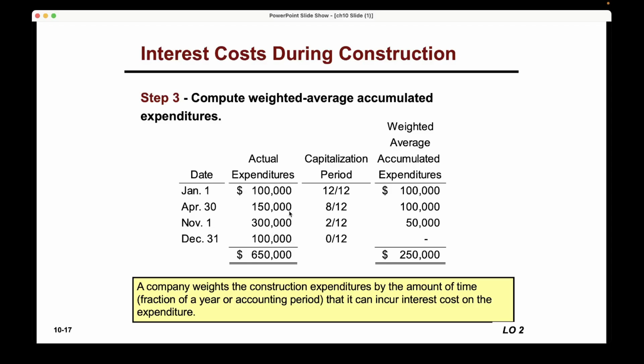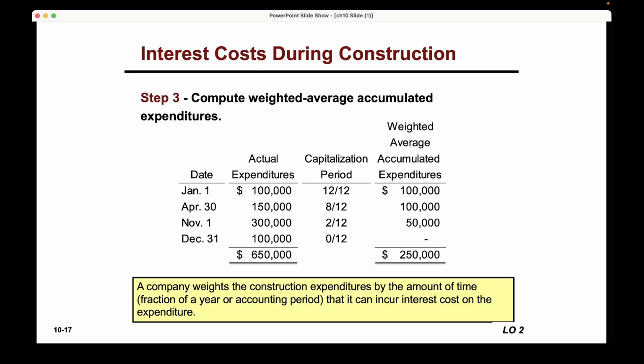On April 30, 150,000 was spent, and since it was outstanding for 8 months, we calculate for May, June, July, August, September, October, November, December, which gives 8 months. So 8 out of 12 months. We take 8 over 12 of that amount, 150,000. It gives us 100,000 for the weighted average.